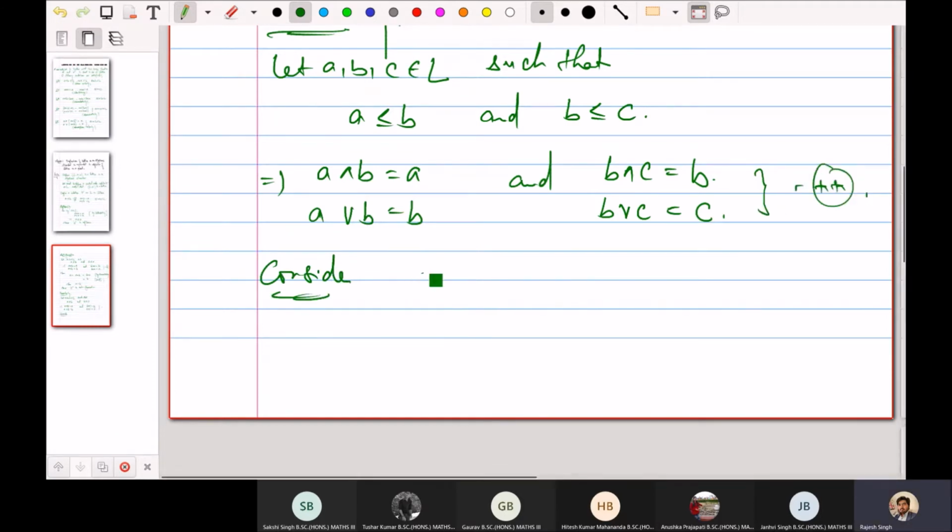So consider A cap C. अब यहाँ पे C, क्योंकि आगे प्रोसीड करने के लिए क्या करेंगे हम, C को B cap C से रिप्लेस कर देंगे.